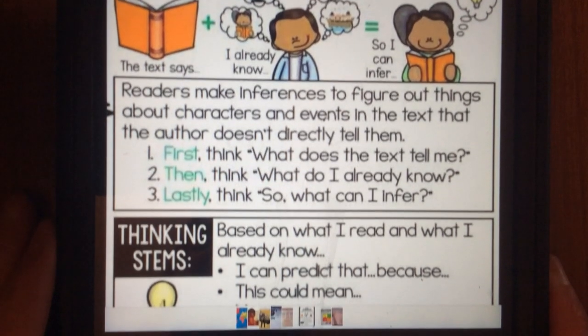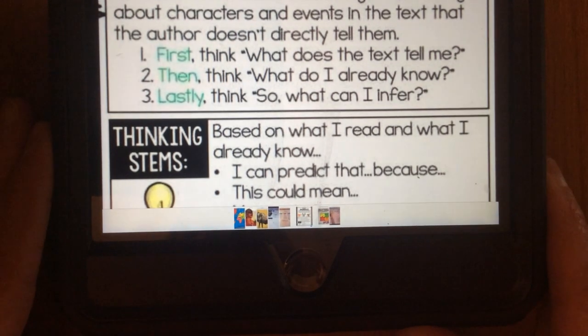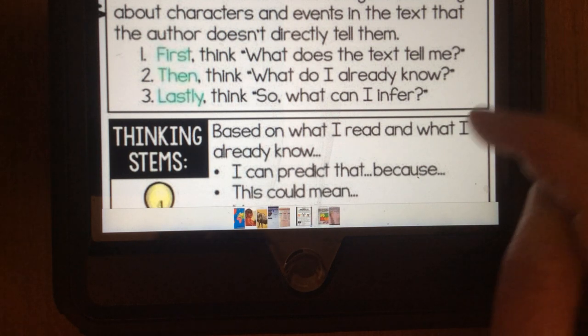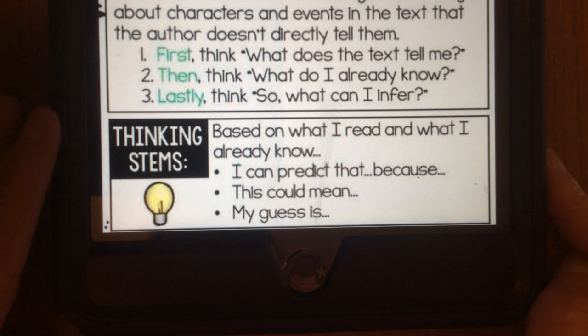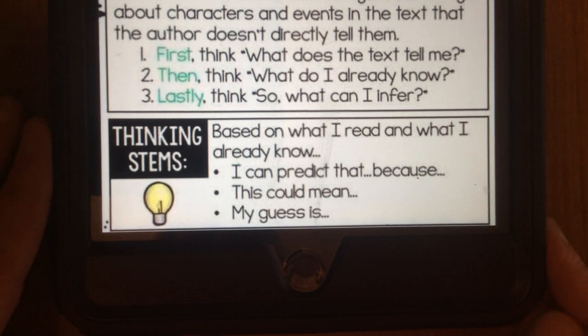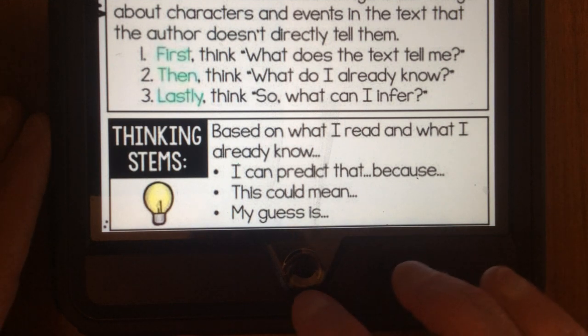And you can say these things in your head as you're reading. Based on what I read and what I already know, I can predict that blank because blank. Or this could mean blank. Or my guess is blank.